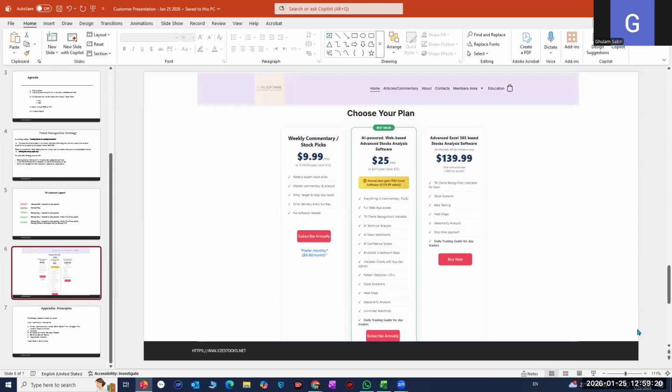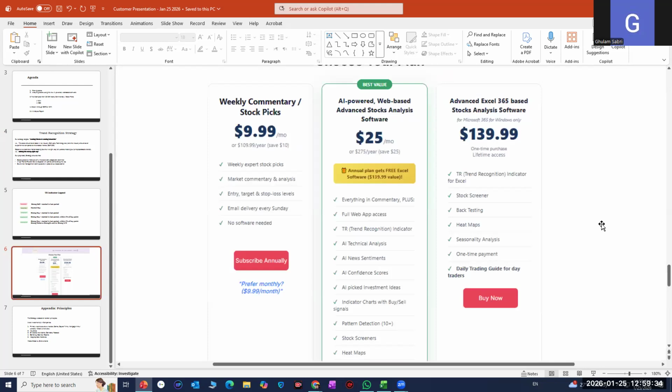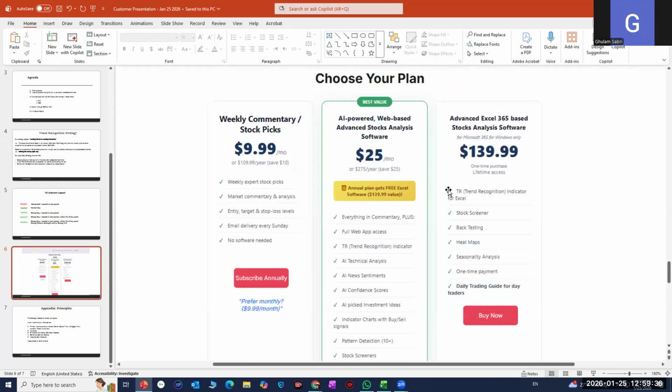So there are three plans to it. If you just want to see the weekly commentary and stock picks, with no tool or software, it is $9.99 per month or $110 per year. This option does not have access to the new AI tools, machine learning confidence scores, and the AI analysis.